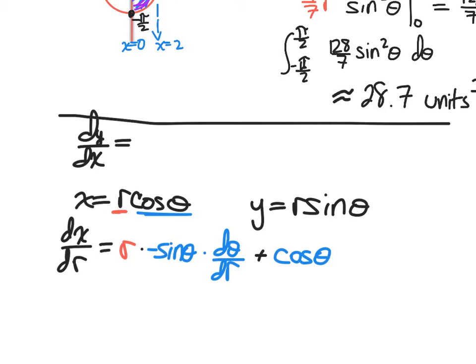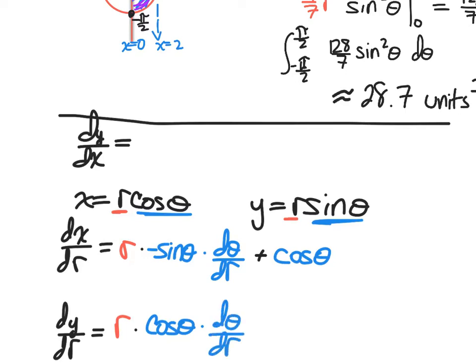That's one little relationship. The other one would be dy dr. Again, product of two functions. First times the derivative of the second, so cosine theta times d theta dr, plus the second function times the derivative of the first, which gets us to the sine function.